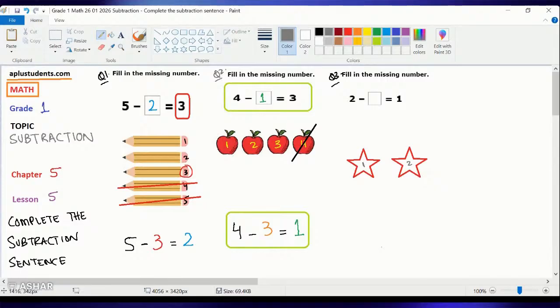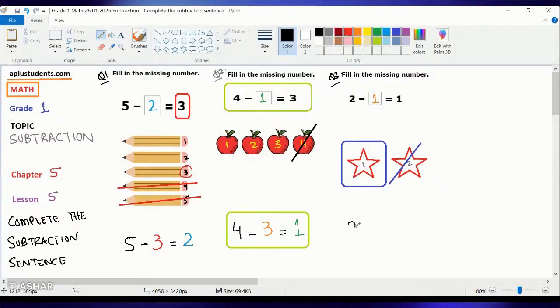So from 2, if we subtract something, 1 is left. So what should be subtracted? If only 1 is left, that means 2 minus 1 would be equals to 1, right? So can I say the reverse of this?